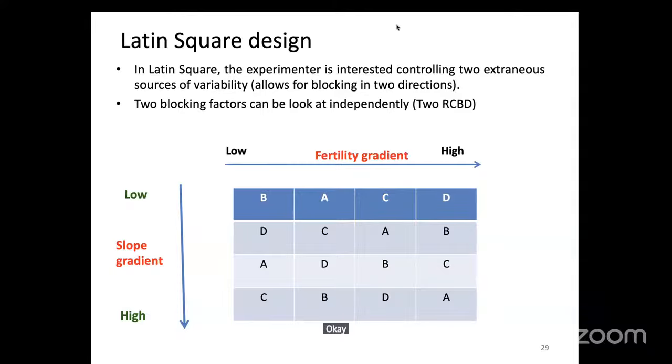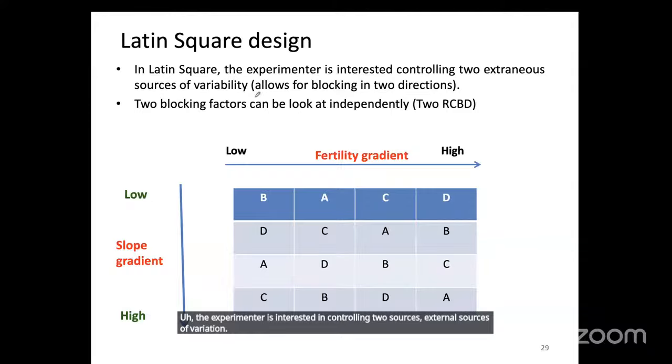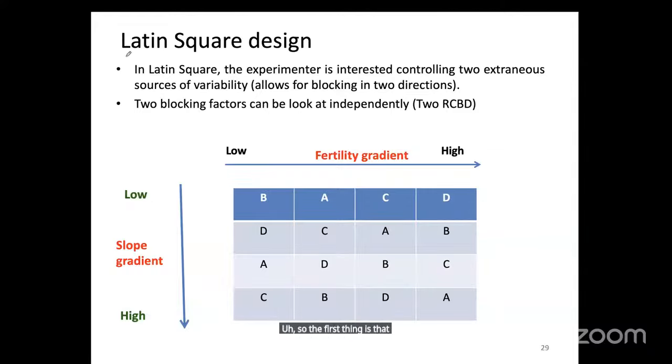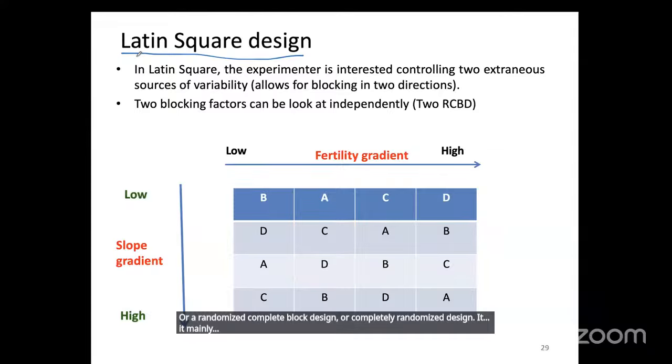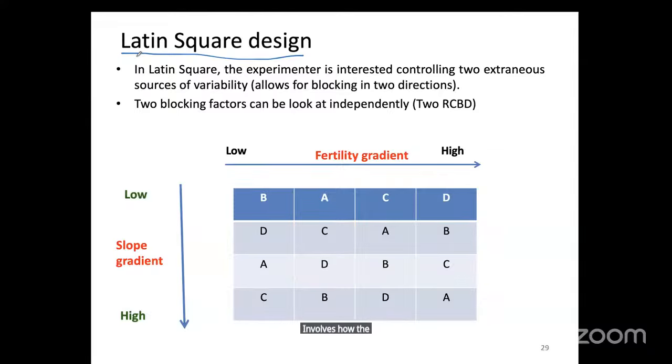Okay, so let's first proceed a little bit. In a Latin square, the experimenter is interested in controlling two external sources of variation. So the first thing is that the design, whether it's a Latin square or a randomized complete block design or completely randomized design, mainly involves how the experimental units are handled.